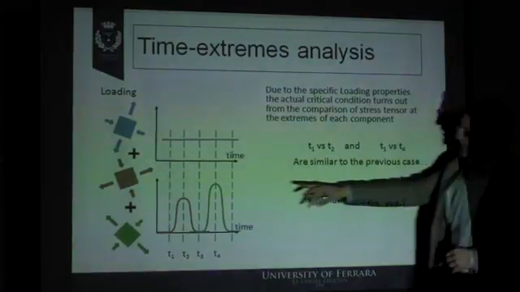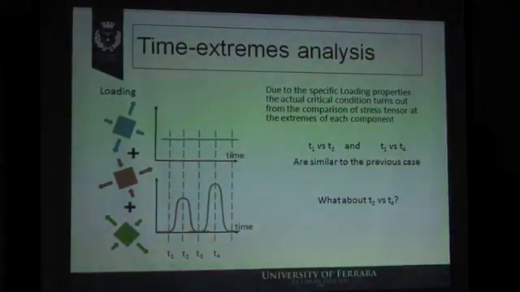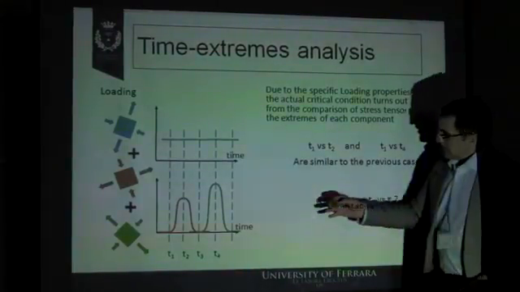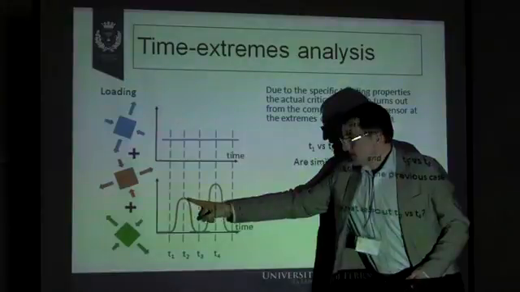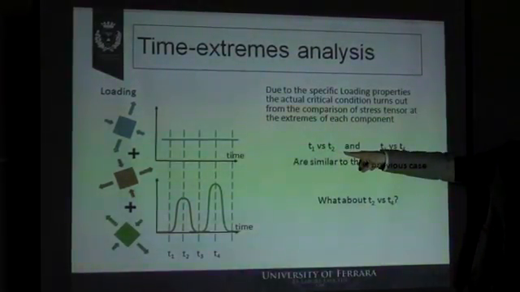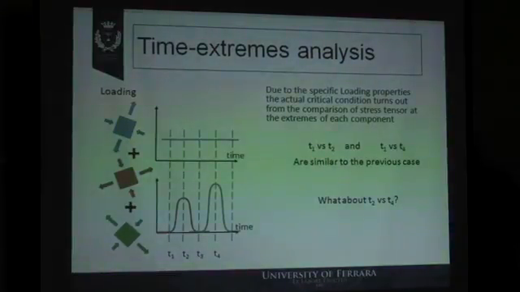Because if the time variable components are independent, I can simply focus on the extreme and check the combination of each extreme. So I have to check what happens from here to here, for time 1 versus time 2, but it is similar to the previous one.